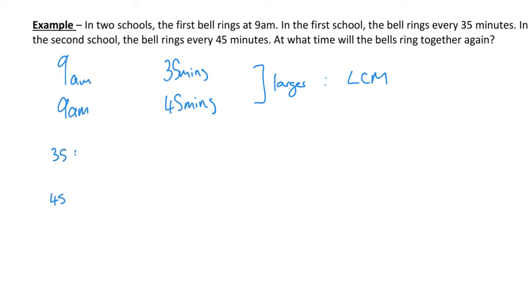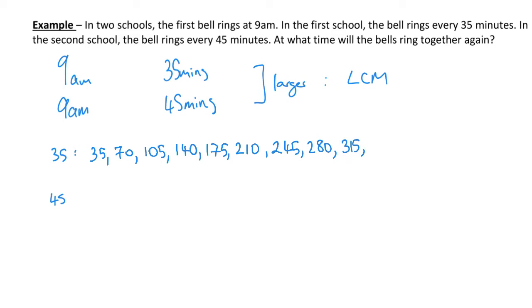So the multiples of 35, you've got 35, 70, 105, 140, 175, 210, 245, 280, 315, and 350.